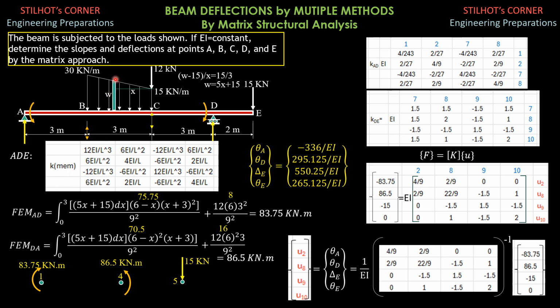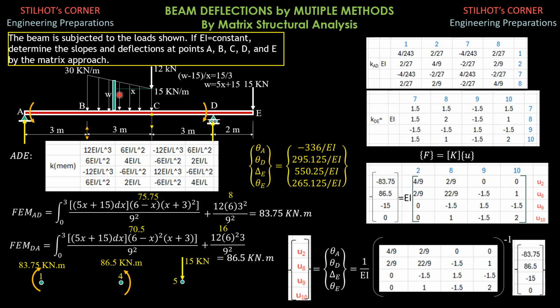Integral of differential P, so the differential area of the strip, W dx, and that's differential P. A is its distance from point A and it is equal to 6 meters minus x.